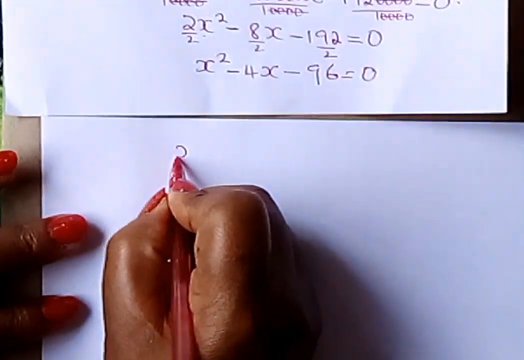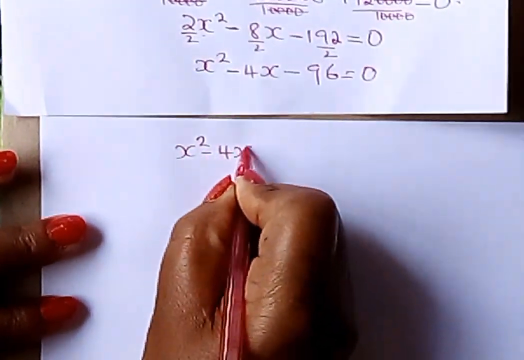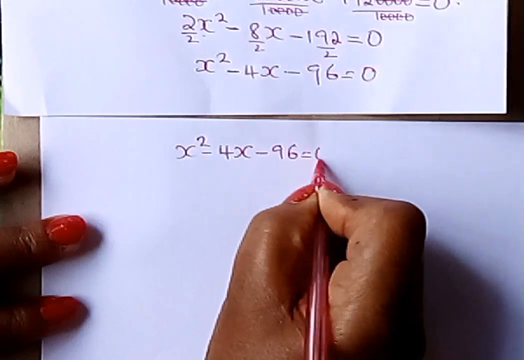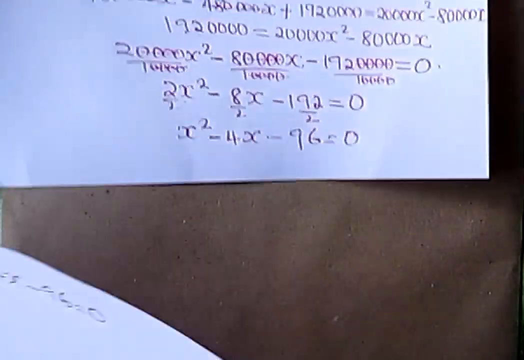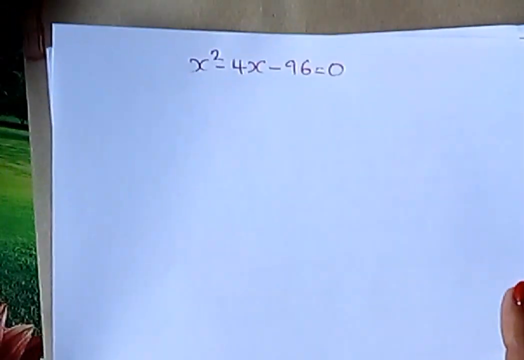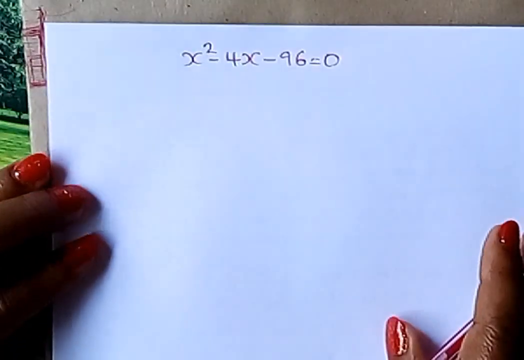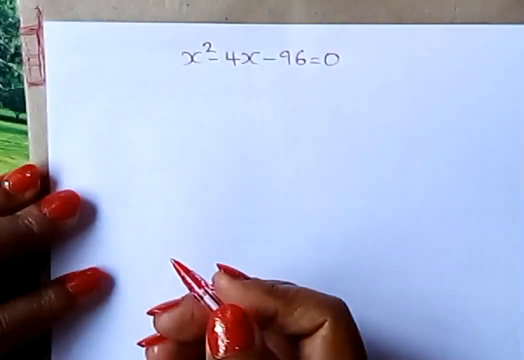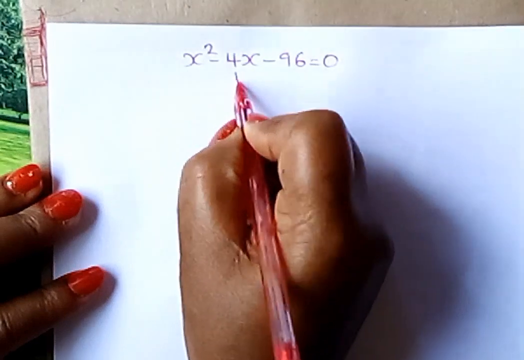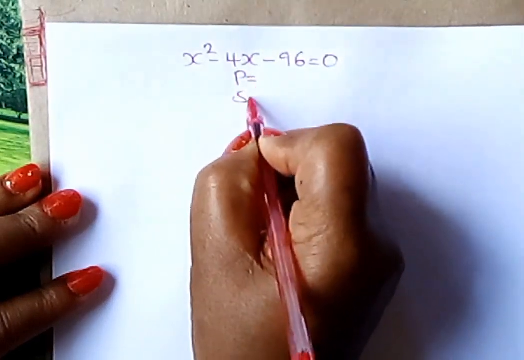So our equation is x squared minus 4x minus 96 is equal to 0. We need to get x, referring to the original number of members. Good. So we solve these by factor method, product sum.